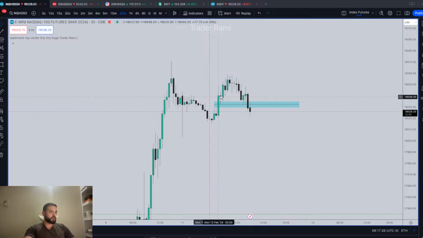So we saw price tear through that SIBI, and now price is testing the SIBI. In order for price to breach it and take out those sell stops below the midnight open, it would have to bypass this level of support and this level of support.